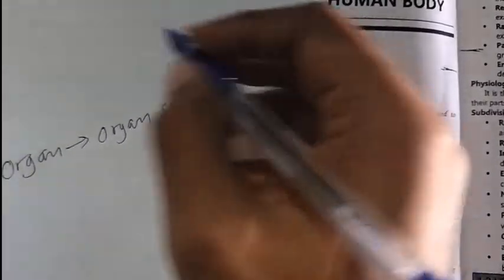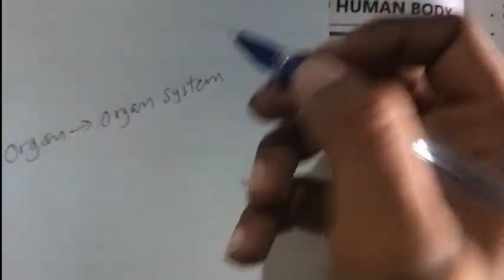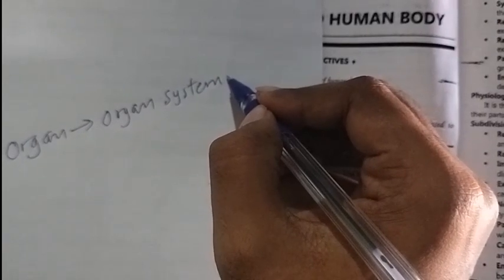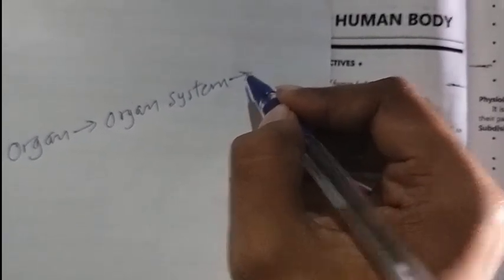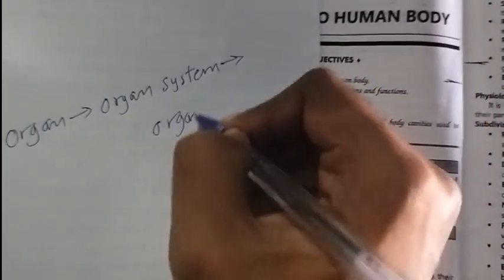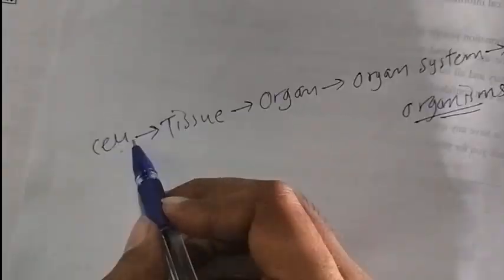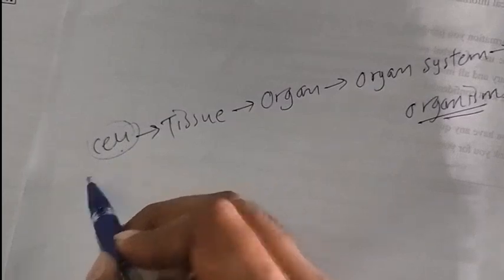In the nervous system, brain, spinal cord and nerves come together to perform coordination-like functions. Organ systems come together to finally form an organism. So cell is the basic structural and functional unit of life.